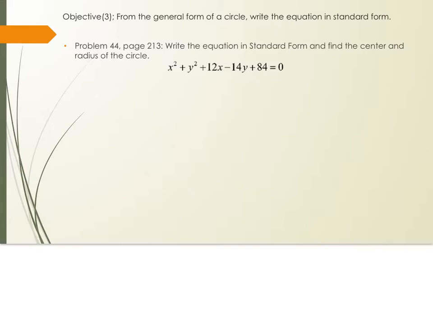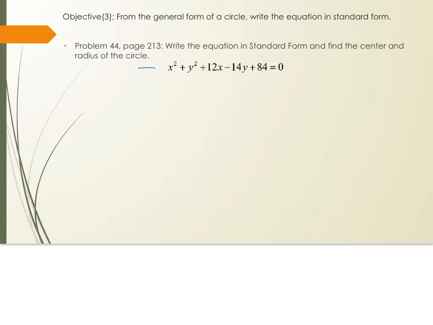Okay, so we will go ahead and show you how we would accomplish this task. We're going to group the x variables together and the y's together and move the numerical value to the right of the equation.